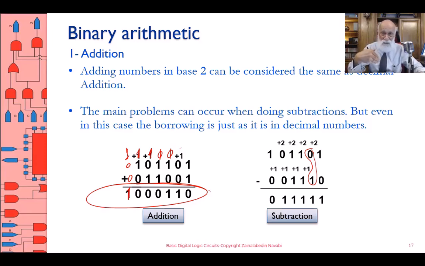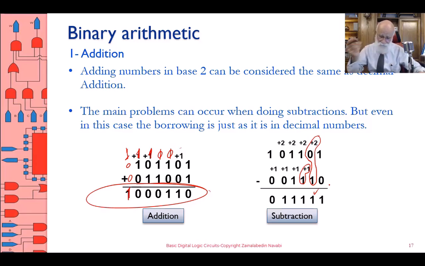Borrowing from the next position is adding a 1 to this, which translates to adding a 2 to this. So this is how I borrow. Now I have 1 subtracting from a total of 2, and therefore I have 1 from 2. I end up with a 1. So that's this one here.